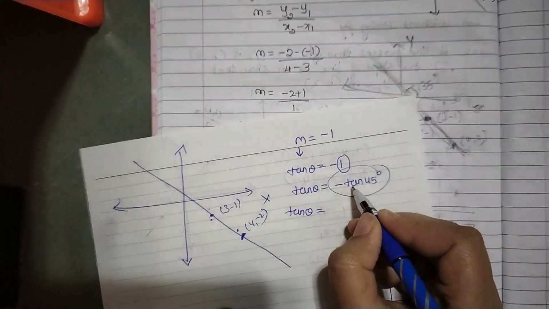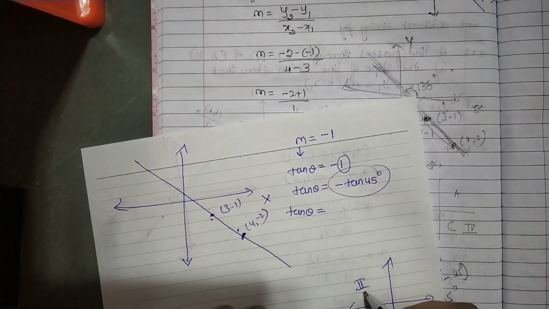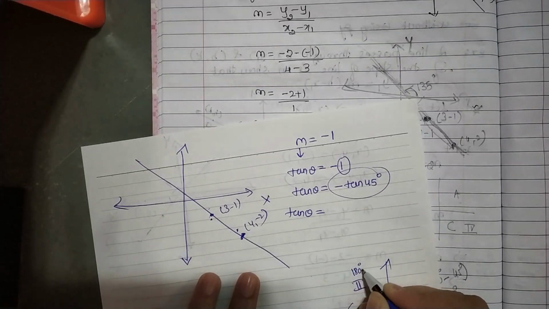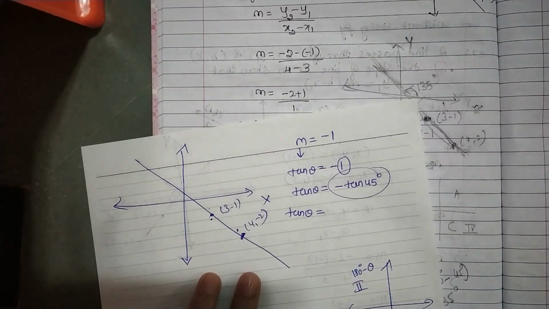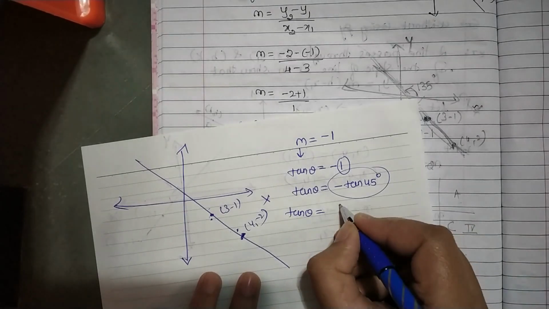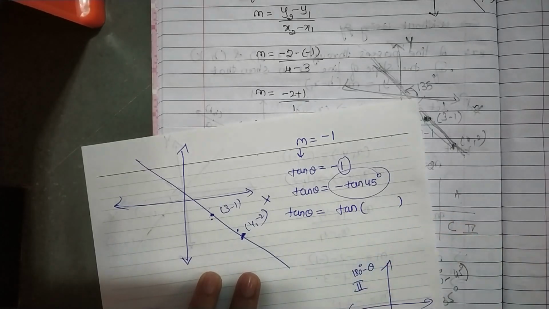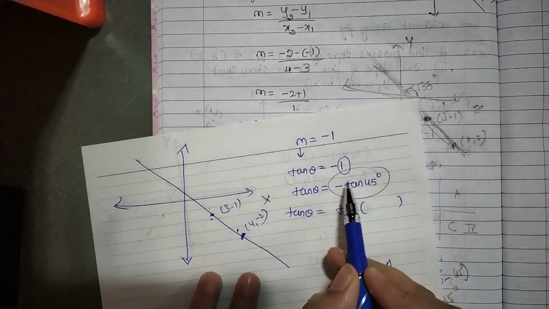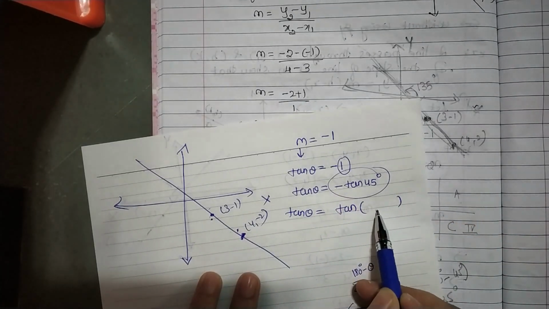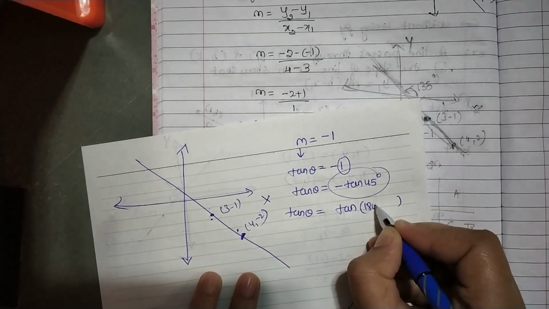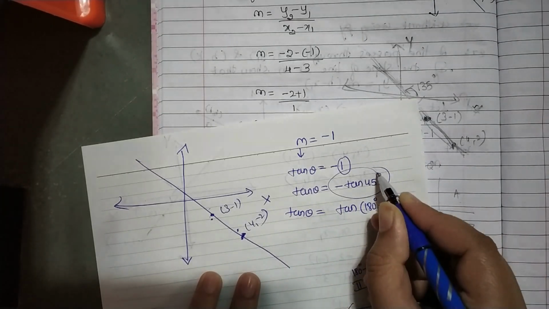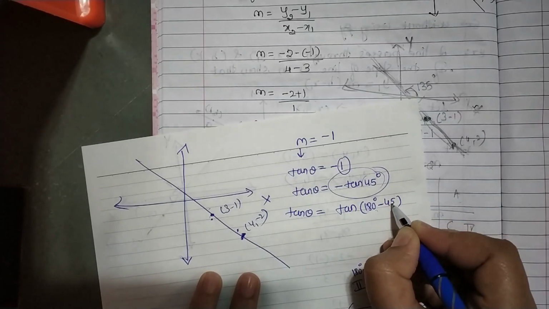So tan is negative in the second quadrant, and the second quadrant angle is given by 180 degree minus theta.